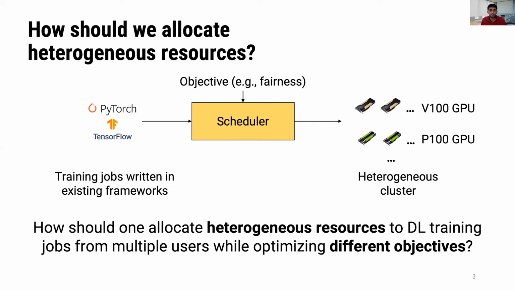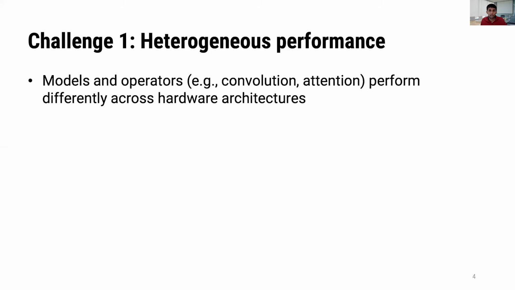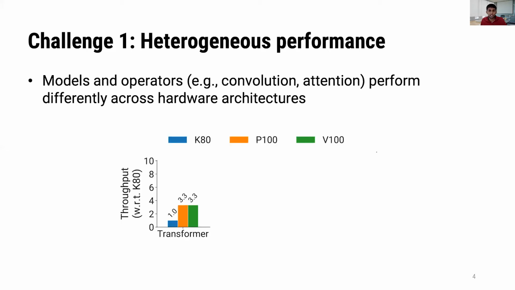Doing this effectively requires addressing two challenges. The first is a challenge of heterogeneous performance. Models and operators today enjoy vastly different performance across the available resource types. Quantitatively, we see that a transformer model, which is used widely in natural language processing applications, experiences only a 3.3x speedup when moving from a K80 to a V100 GPU.